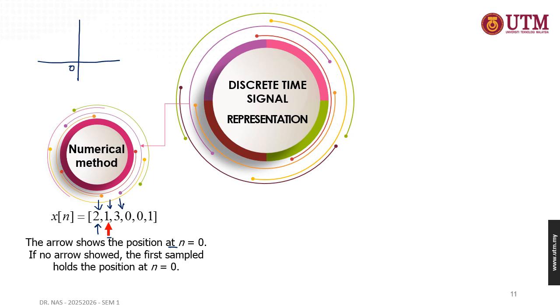In this case, the arrow pointed at 1, meaning that at n equal to 0, the amplitude is 1.